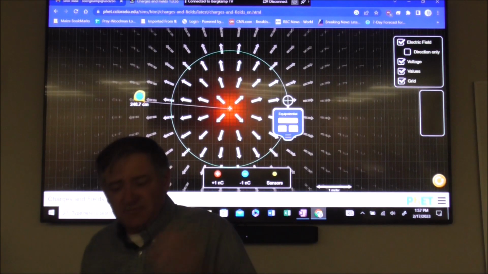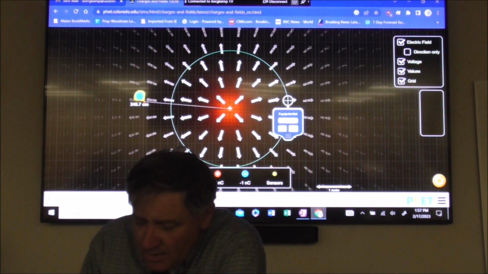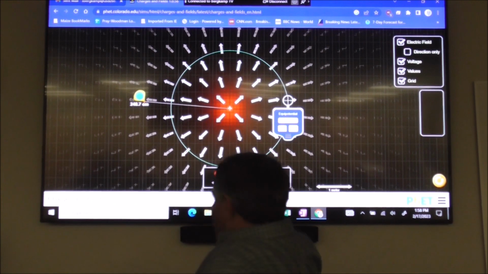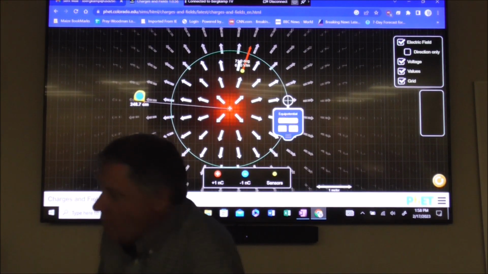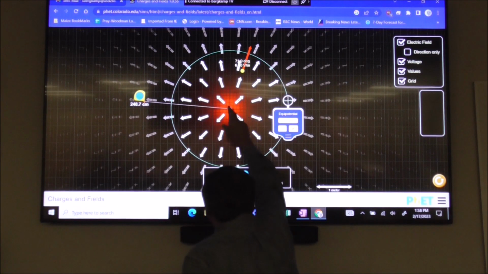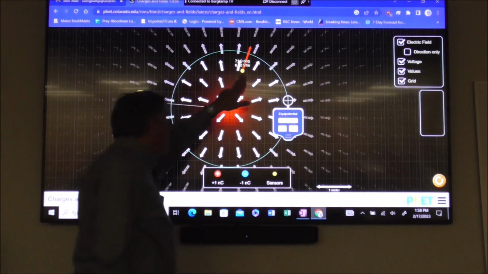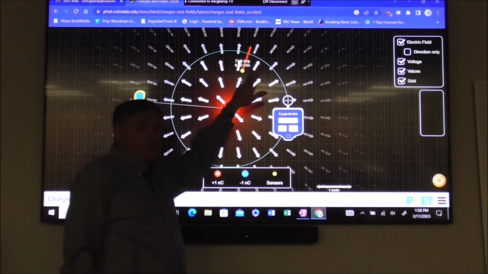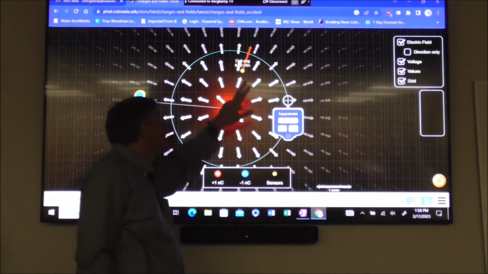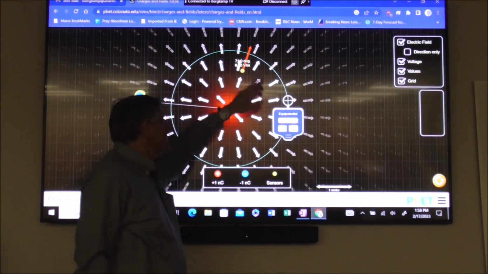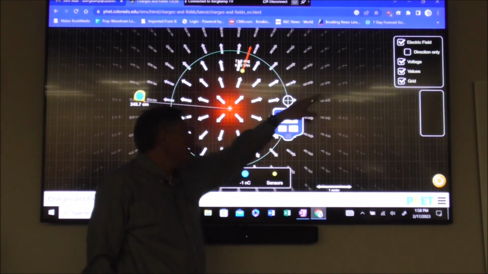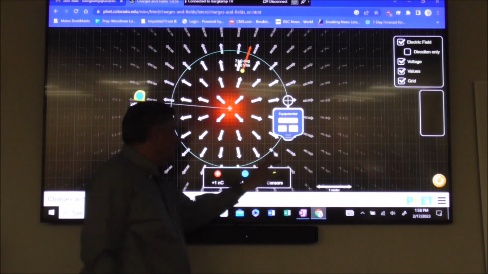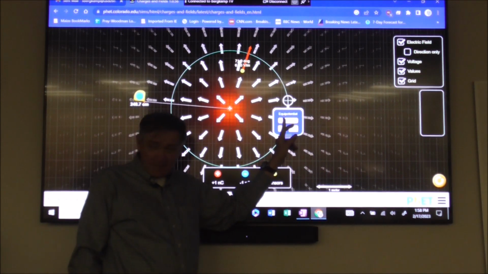Then down here, this yellow button, the sensor, if you drag that, it tells you the value of the electric field, because notice this is volts per meter. And it tells you the angle. In this program, 0 degrees is here, and counterclockwise, all the angles are measured around like this.